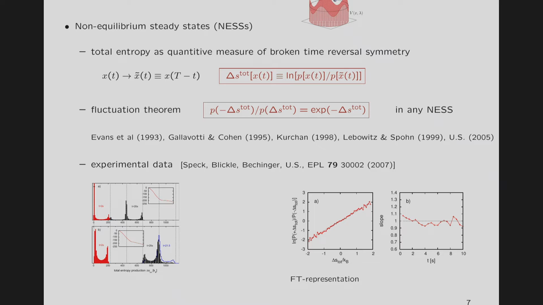And of course, experimentally, you always have errors, you have problems with statistics, so you can't do that for too long a time, because then, as Juan said, the probability of getting negative values is too small. So if you look at this slope as a function of time, it should be 1, and it is almost 1 in this experiment. So what have we learned through this experiment?